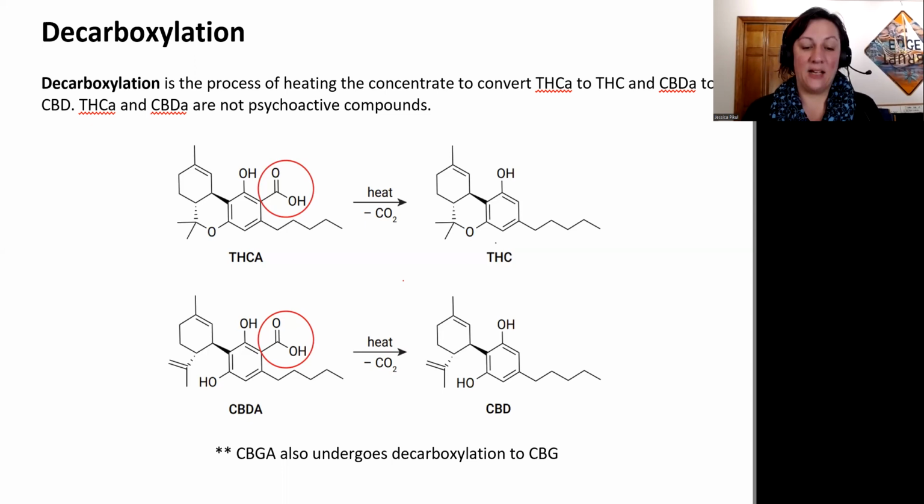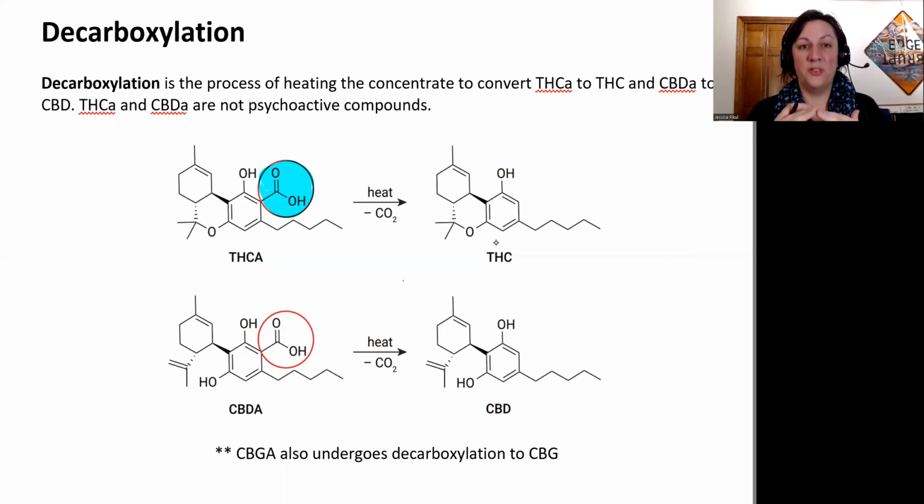And it's actually a chemical reaction, and it's really making the CBDa and the THCa psychoactive, because with that carboxylic acid group that's here circled in red, and I'll highlight it blue on the THCa, with that present on the molecule, the THCa molecule doesn't cross the blood-brain barrier as well.